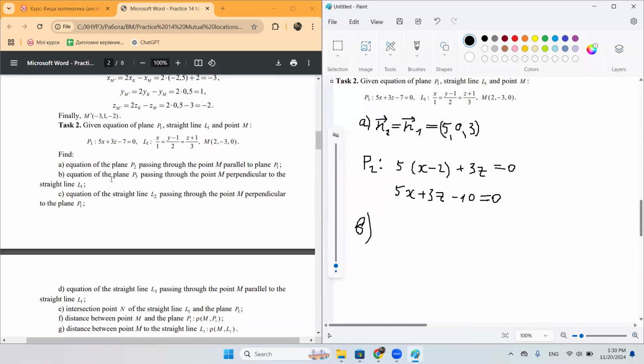So now we need to find the equation of the plane P3 passing through the point M perpendicular to the straight line L1. So how to find the normal vector here of the plane P3? So we have the point, we need only the normal vector.